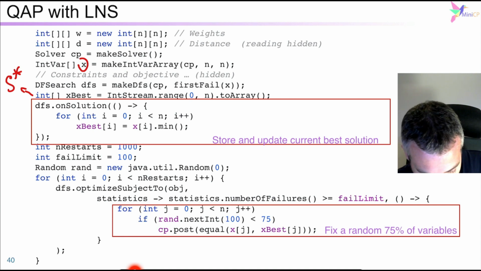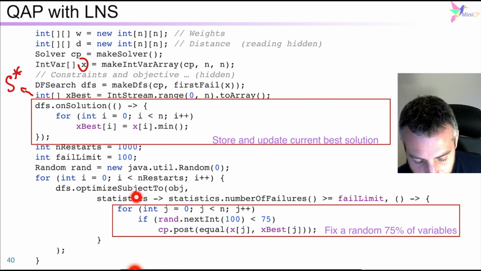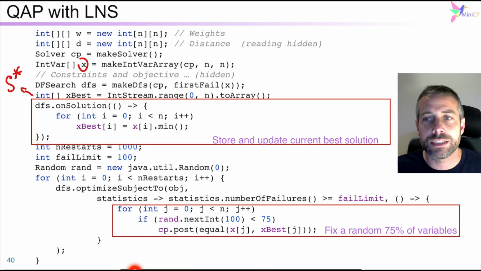Then here you see that we already have the search. You will use this search to optimize subject to some constraints, and the constraints that we will add there are the constraints of the relaxation.